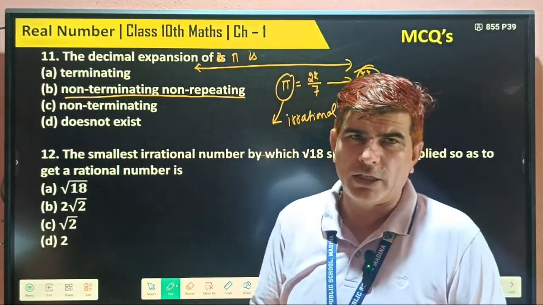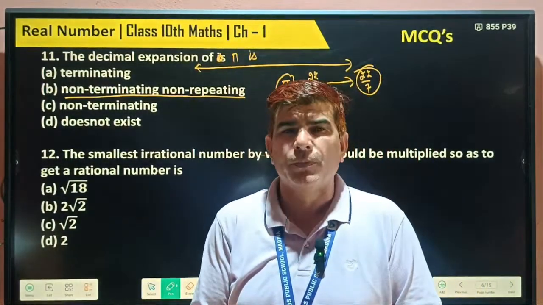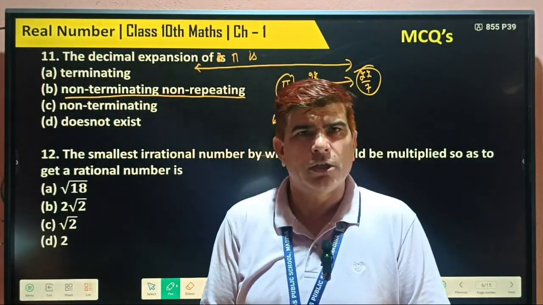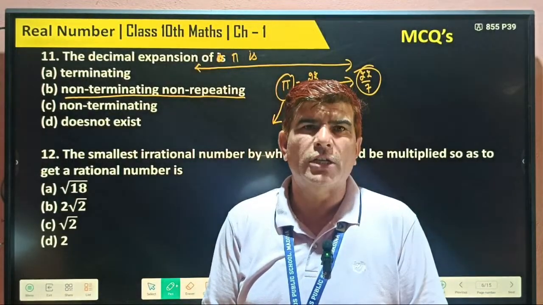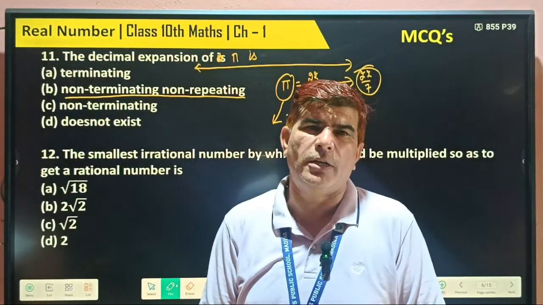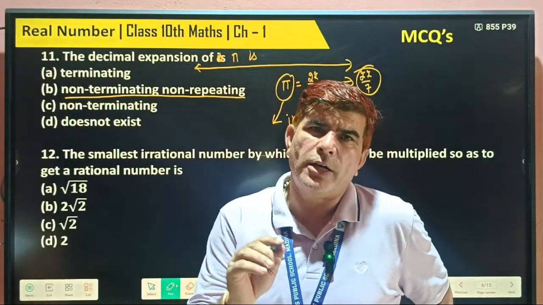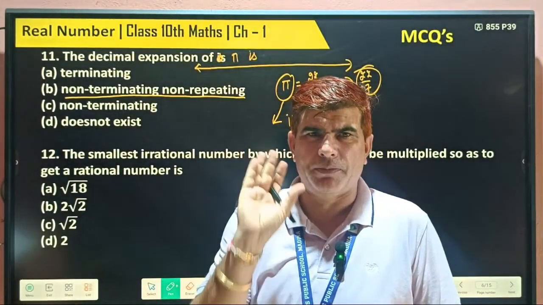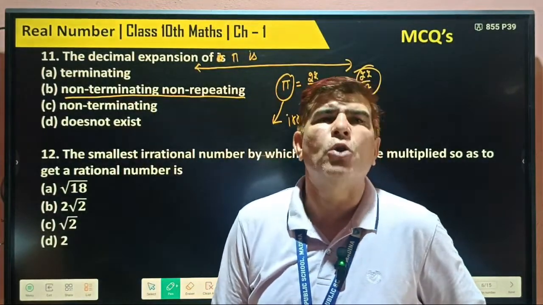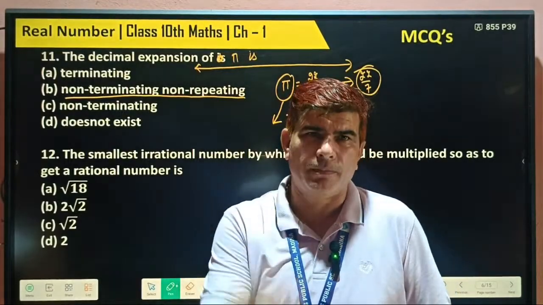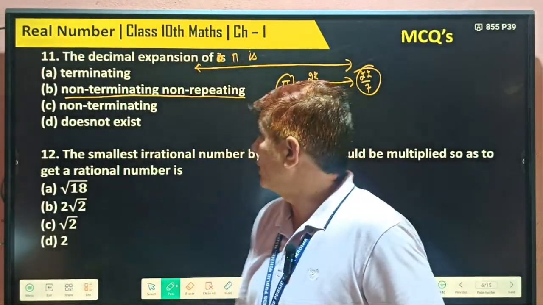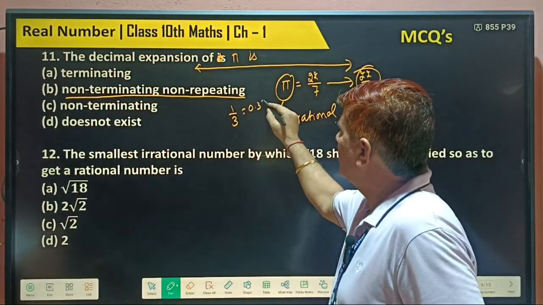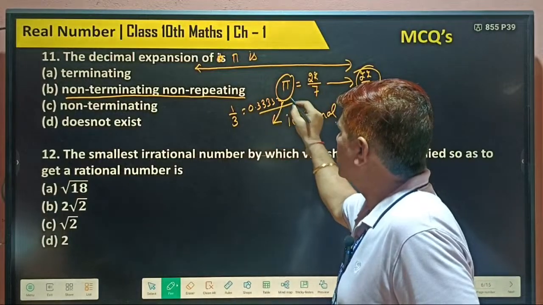So what is the definition of an irrational number? The real numbers which are non-terminating, non-repeating, non-reoccurring. Understood? Non-terminating means if you divide numerator by denominator, the remainder does not become 0 after a finite number of steps. Then repeating: for example, take 1 by 3, which is 0.3333, repetition of 3.